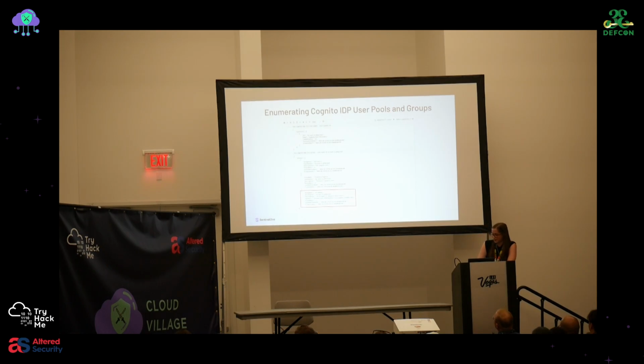As you can see here, like a good old red teamer, I targeted the IT admins group. You can see the role ARN, Cognito IT admin role, which is attached to the scope. It means when an app user authenticates to the app in AWS, they will basically have this role, even though they are not an AWS IAM user.